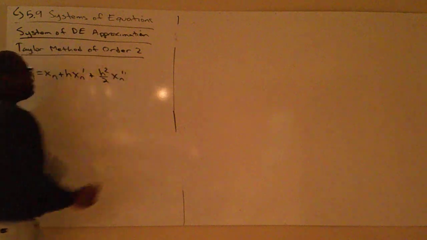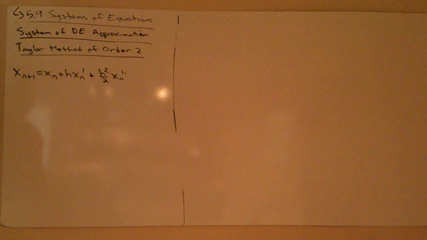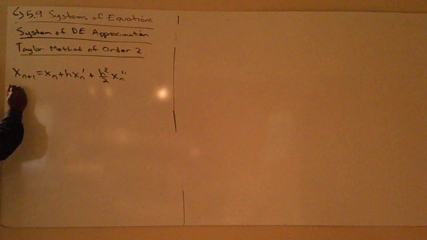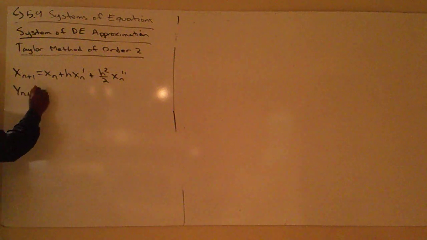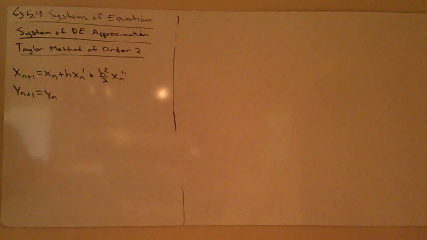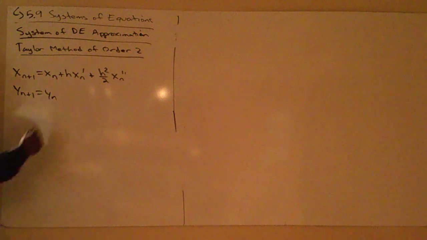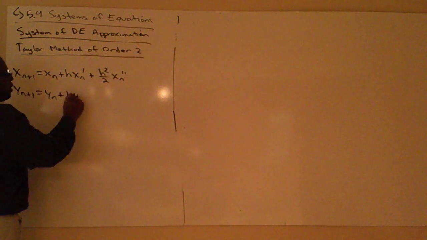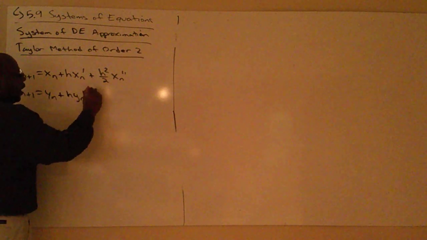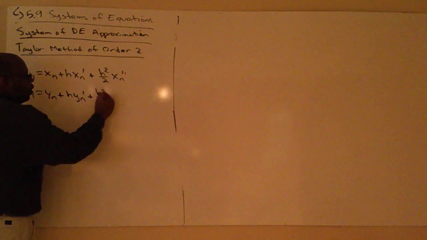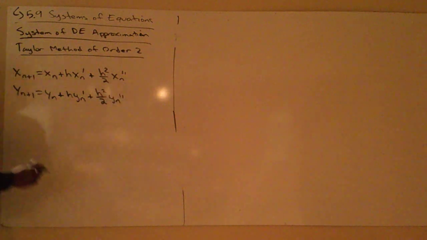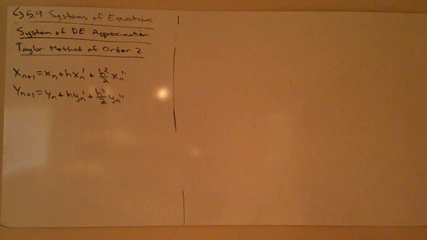I just put the h's in front to make it a little bit easier. And then we have y sub n plus 1 is equal to y sub n, just makes it a little bit nicer to look at, plus h y sub n prime plus h squared over 2 y sub n double prime. So this is our Taylor method of order 2 for a system of equations.